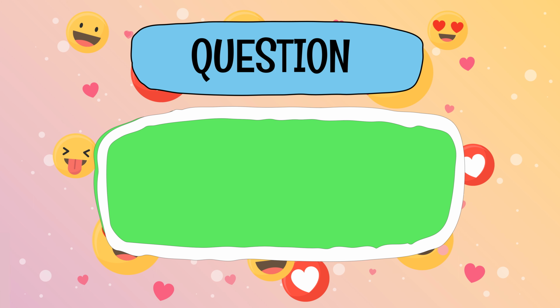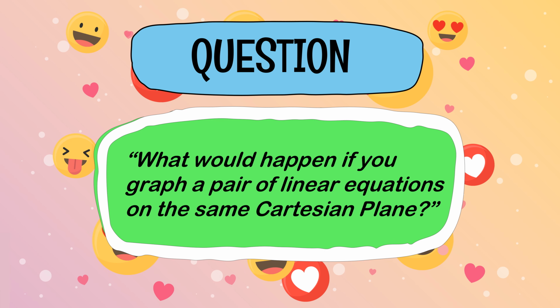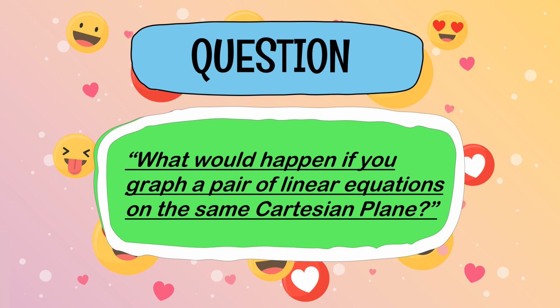It seems you really understand our previous lesson. I have a question to you, class. What would happen if you graph a pair of linear equations on the same Cartesian plane? What do you think? That's right.